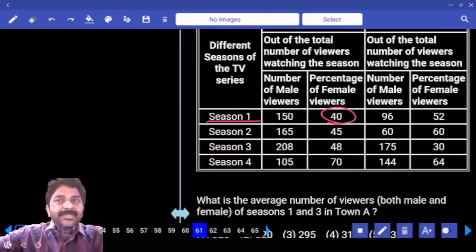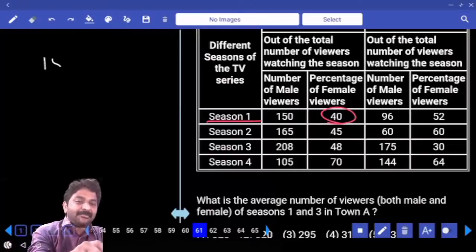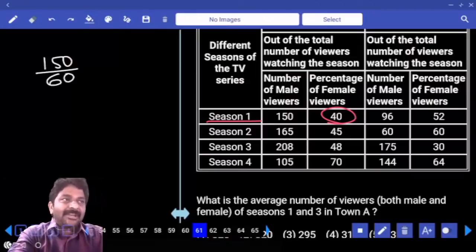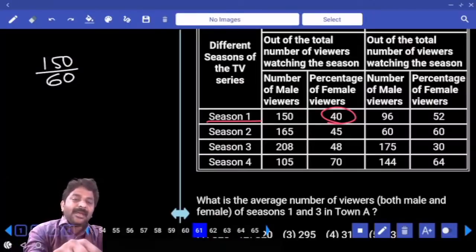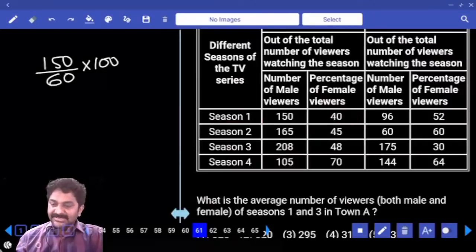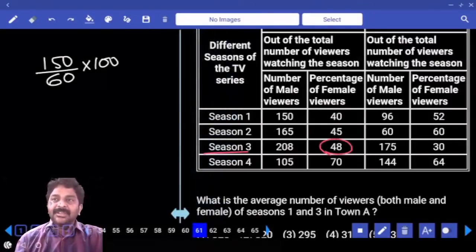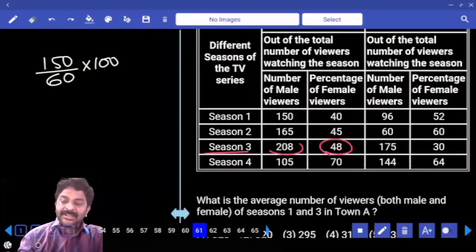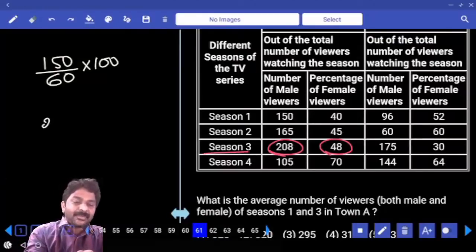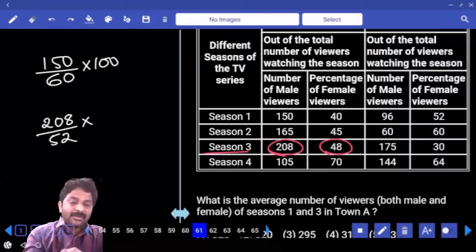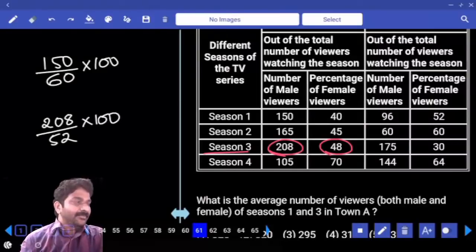So in season 1, how many female percentage we have? Then male in terms of number is equal to 150, which is equal to 60%. Then 1% is by 60, 100% in the sense into 100. Next, in season 3 female percentage is 48 only, then male percentage 52. In terms of number it is 208 only. 208 divided by 52, total value 100.